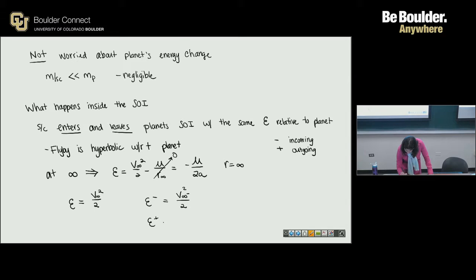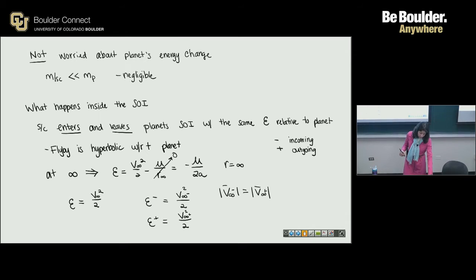Energy coming out is also V infinity squared over 2. So since we don't have any energy change, V infinity in is equal to V infinity out. Okay?